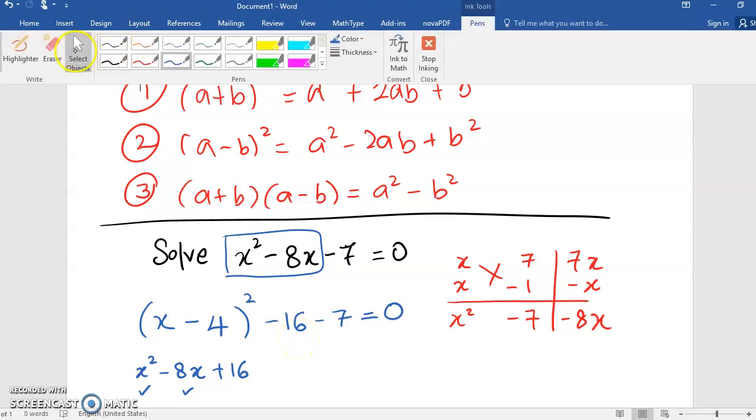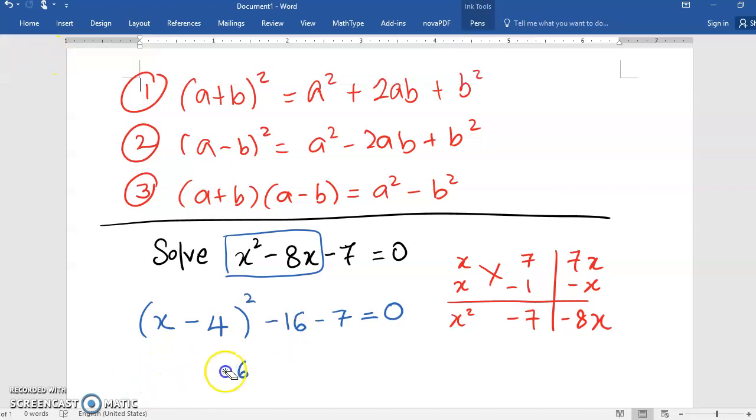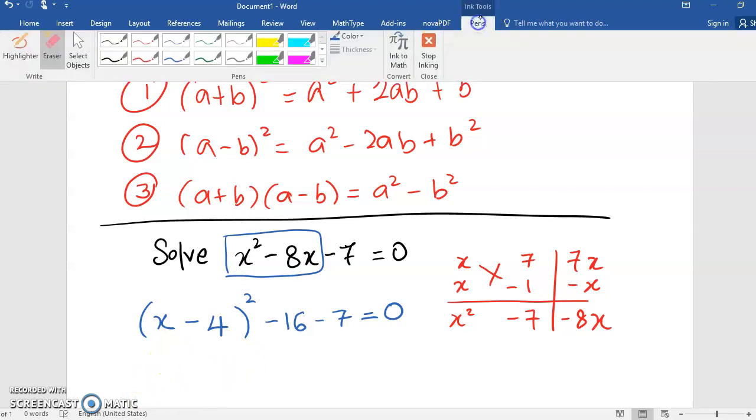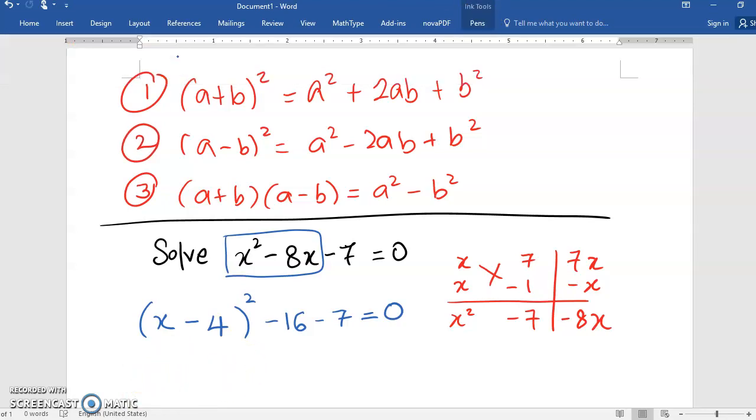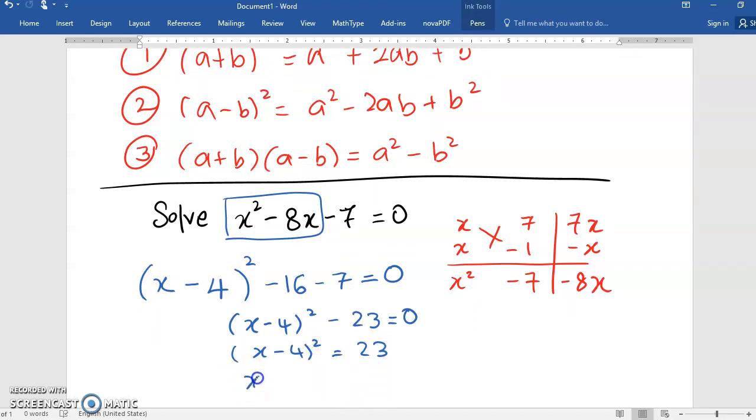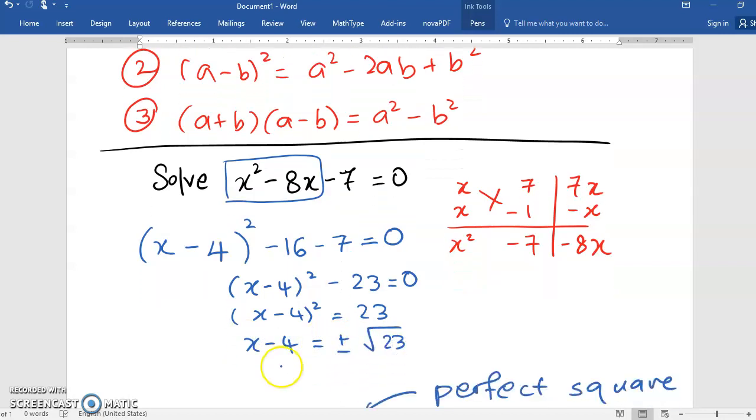Now, remember what I need to do? I need to make sure that my left hand side is a perfect square, my right hand side is a number before I can take a square root. So I am just going to simplify, and I will get minus 23 equals 0, add 23 on both sides, take my square root, and plus 4 on both sides.